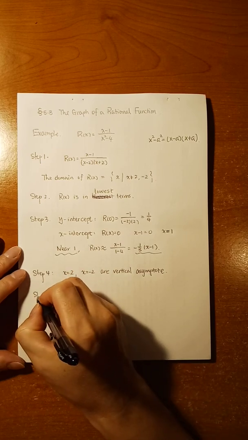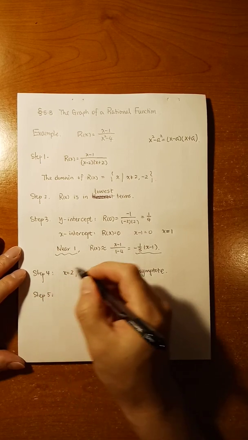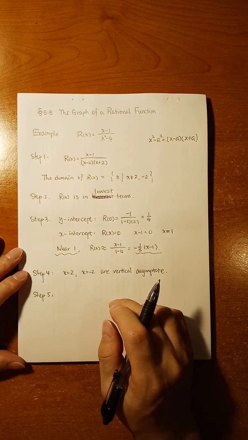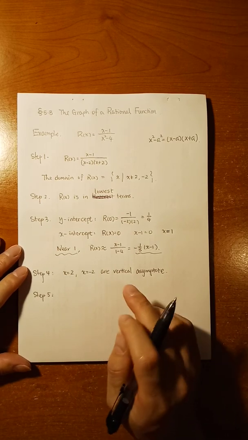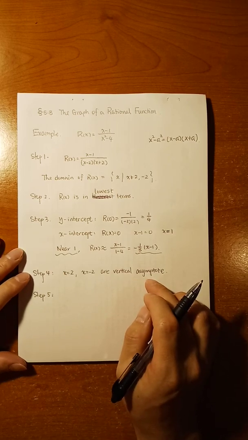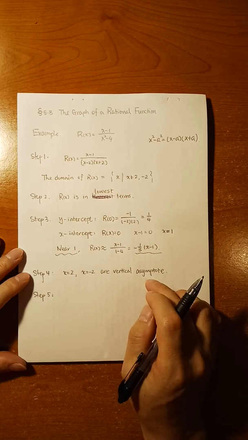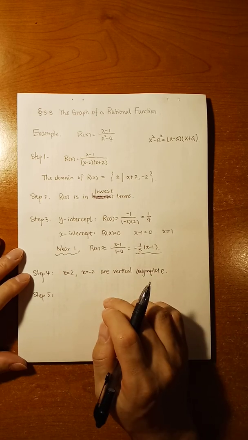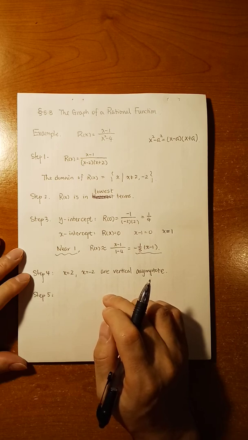And step 5, let's determine the horizontal asymptote or the oblique asymptote. We know that the graph of a rational function can never intersect a vertical asymptote, but it may intersect a horizontal or oblique asymptote.